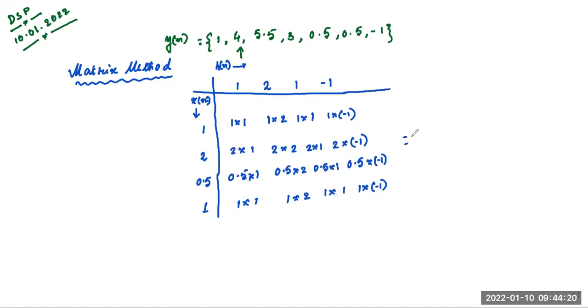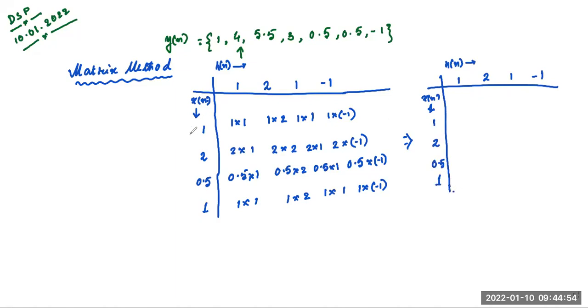That will give us, if I do the matrix multiplication, this is the hn side: 1, 2, 1, -1, and this is xn: 1, 2, 0.5, and 1.